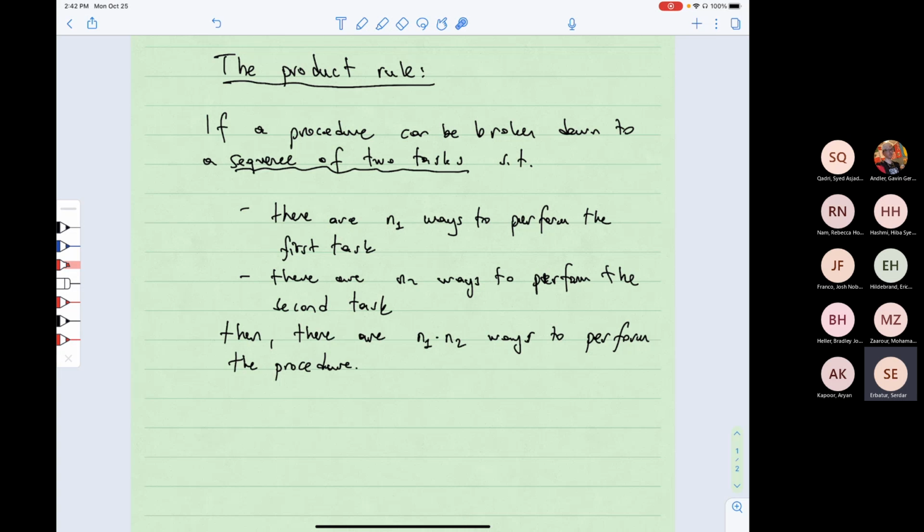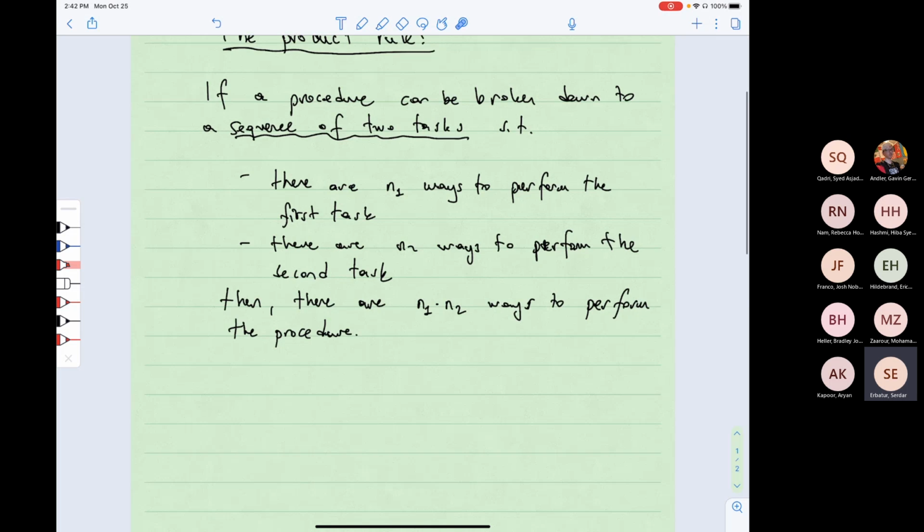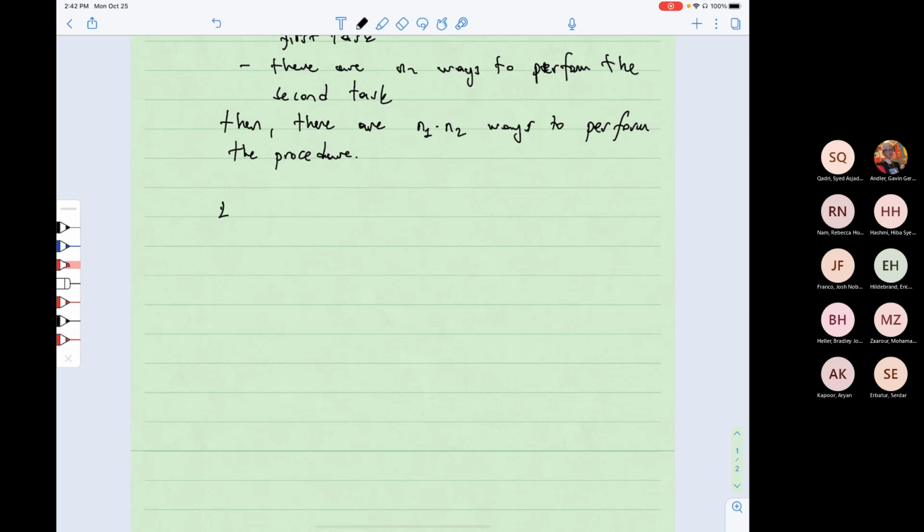So a very basic, classic example of this rule is this. Imagine there is a city A, and there is a city B, like in Dallas. Let's say there is a city in between. I would call it I. And you want to go from A to B. From A to I, imagine you can go in 2 ways. There are only 2 routes.